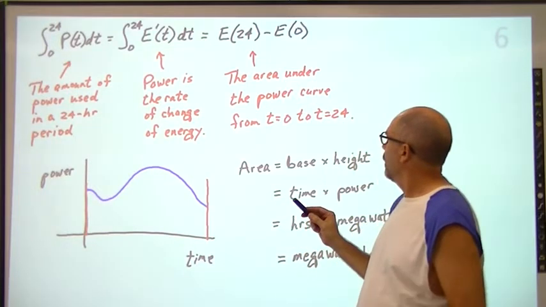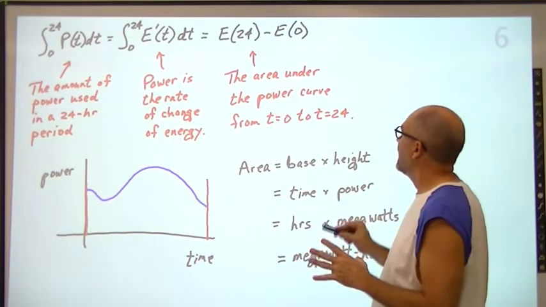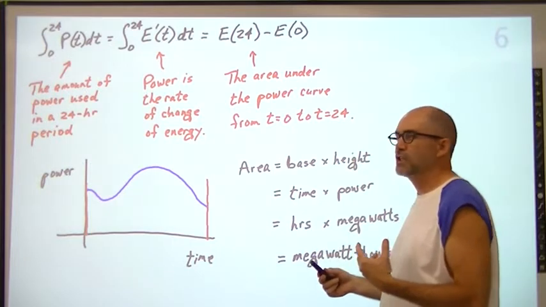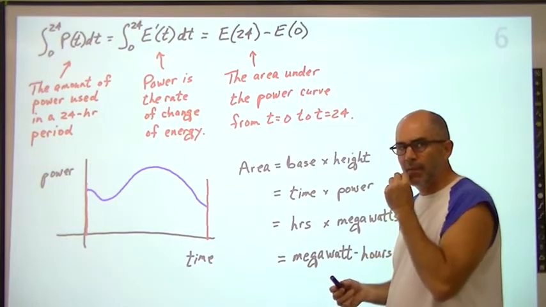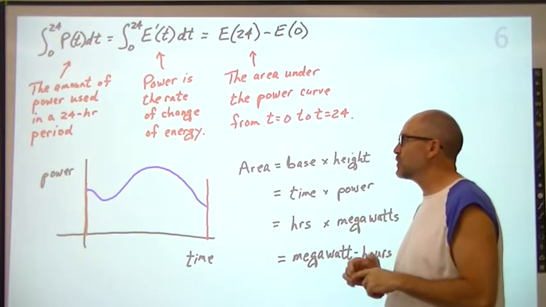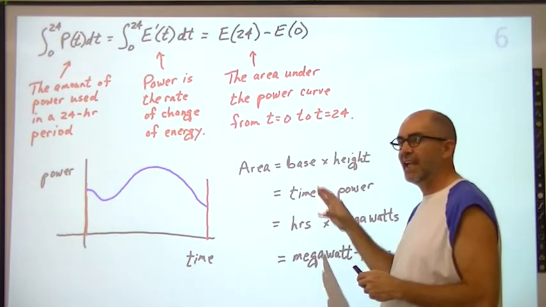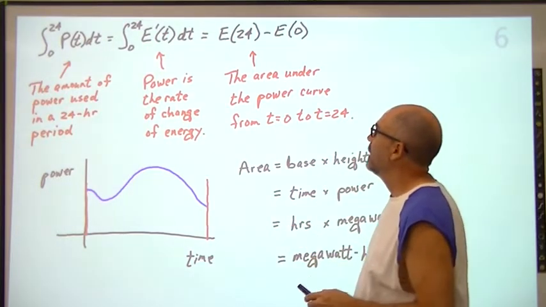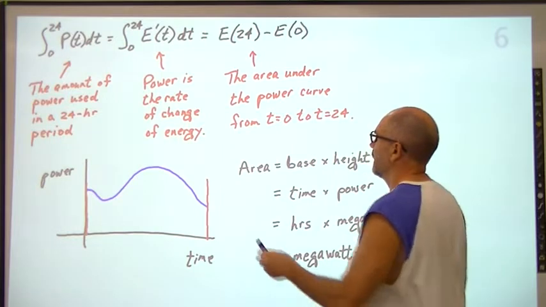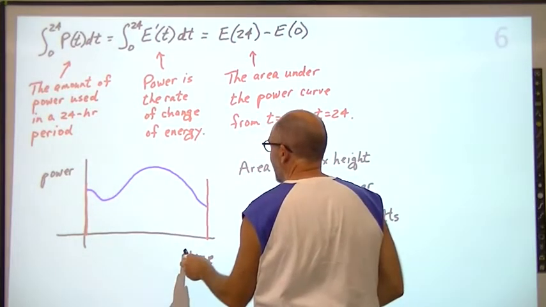Now, what we're asked for is the energy consumption in a day. Now this is similar to what I just showed you with velocity and distance. See, what we have is power versus time.